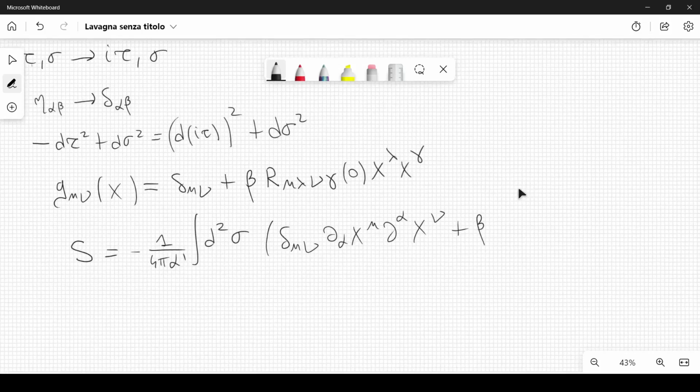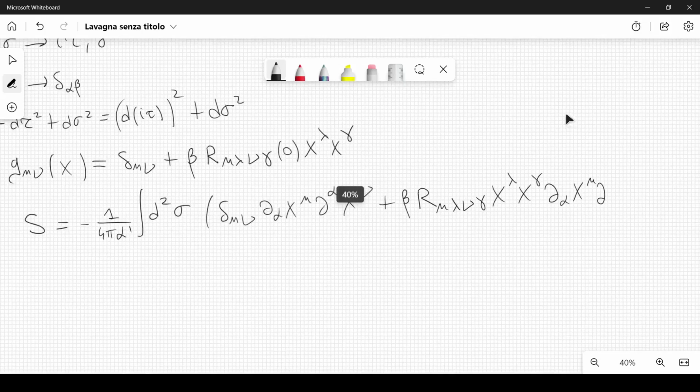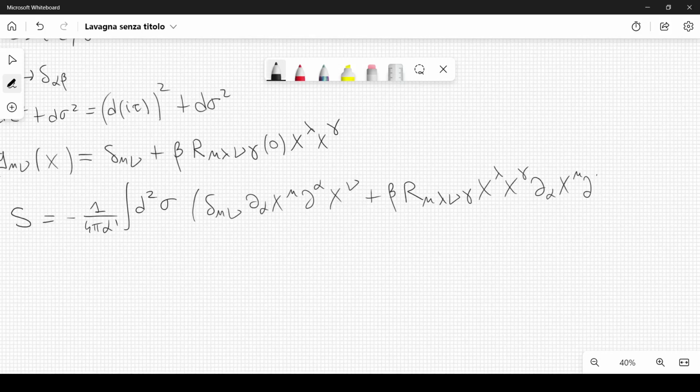Then of course I have the Riemann tensor R mu lambda nu gamma x lambda x gamma, and then I have ∂_α x^μ ∂_α x^ν, like this. Now we will focus on this term here.